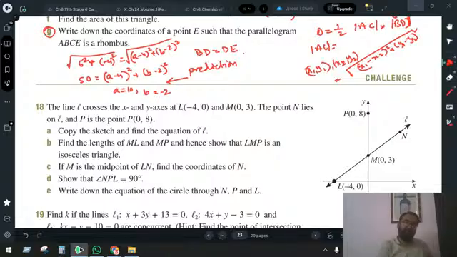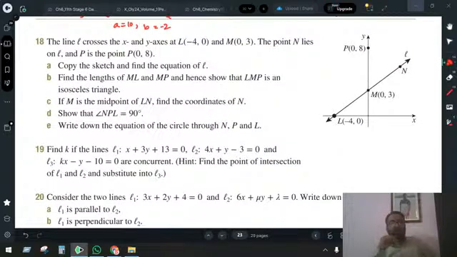It's a prediction. Okay, next, the line L crosses the x-axis and y-axis at so and so points. This is the y-intercept, this is the x-intercept. The point N lies on L, a general point, capital N on L. And P is the point 0, comma 8.